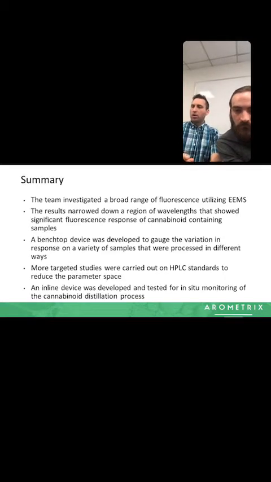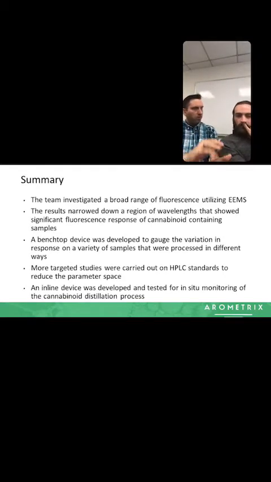I'm just going to do an overview real quick. We talked about the EEMs, how that told us conceptually where we could look as far as fluorescence. We took that information and folded it into a benchtop system that focused where we saw most of the results of the EEMs. That validated that we could see differences in process quality, but we still didn't know what we were looking at. So we moved into HPLC standards, these very pure, very standard samples.